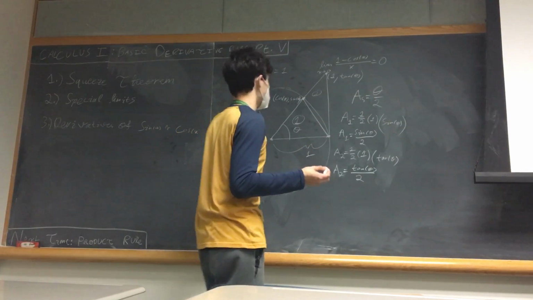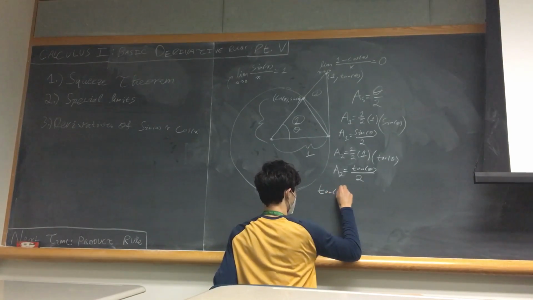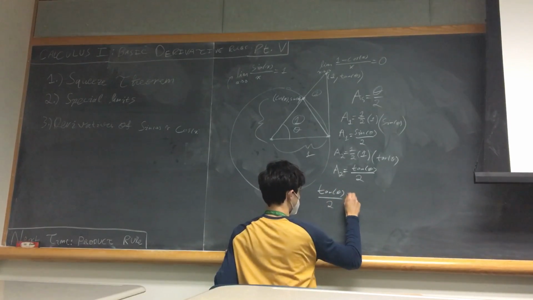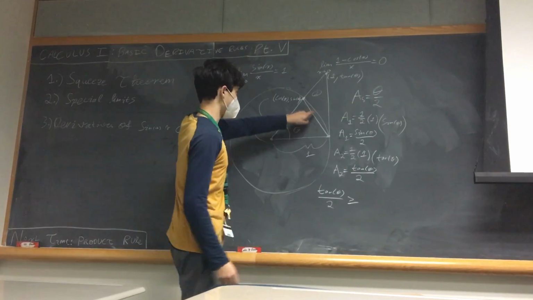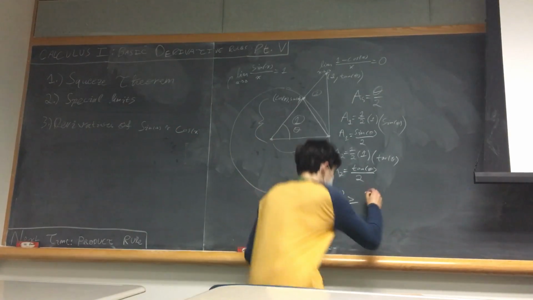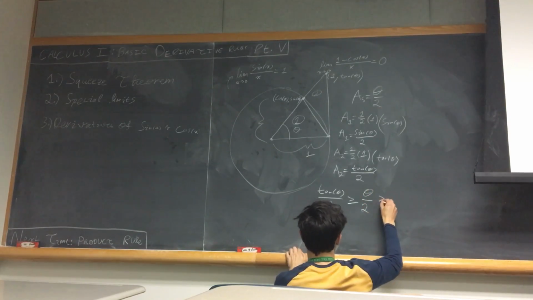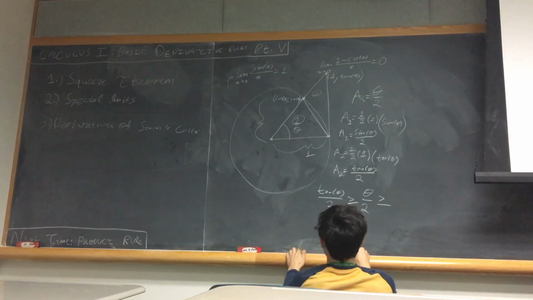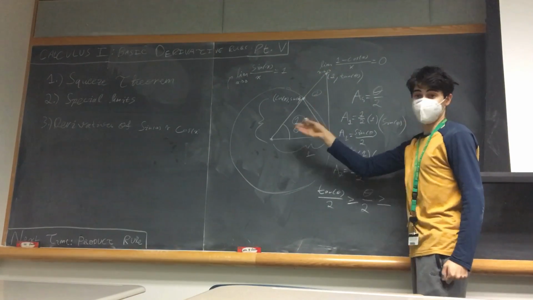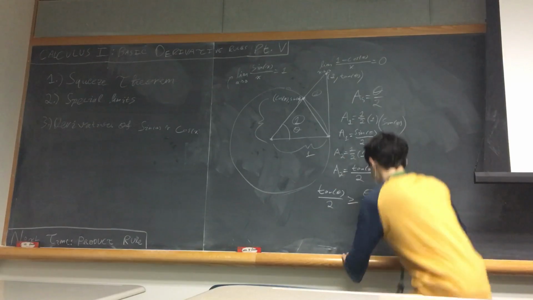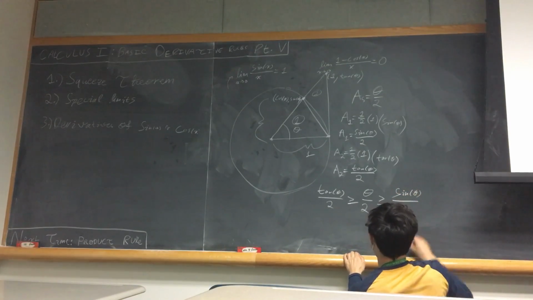So we have A2, which is tan theta over 2, is greater than or equal to, in the middle, the area of this sector, which is theta over 2, is greater than or equal to the area of this small triangle. And the area of this small triangle, A1, is sine of theta over 2.